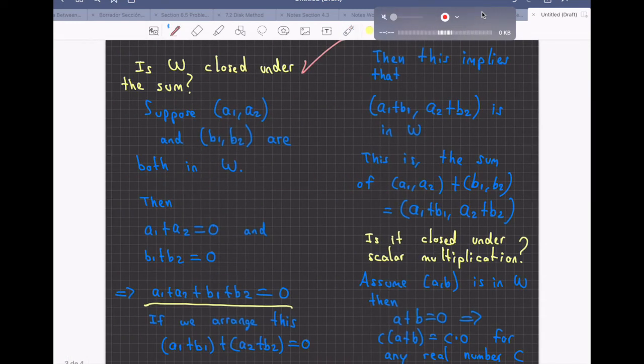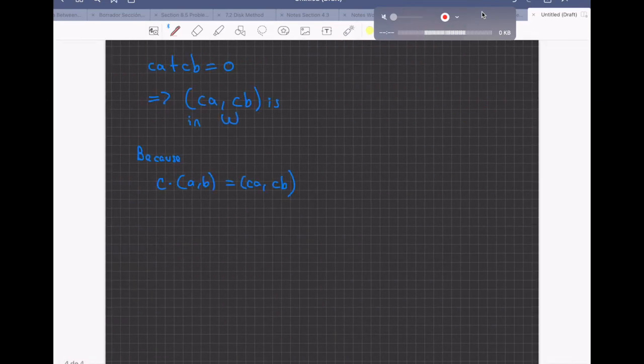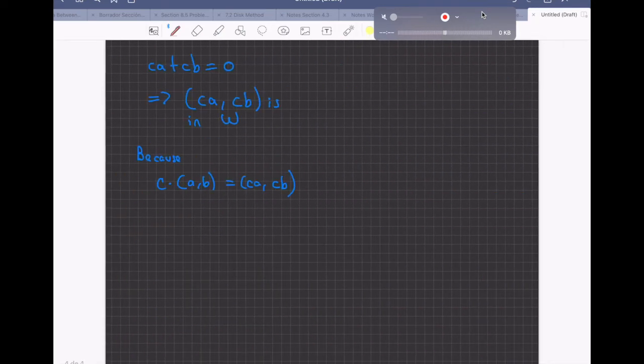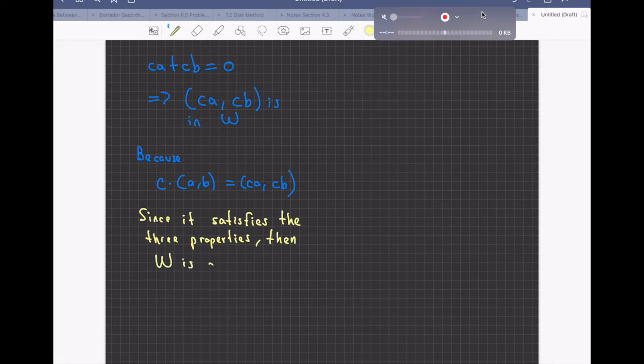Is it closed under scalar multiplication? Yes. So it satisfies the three properties. So W is a subspace of R2.